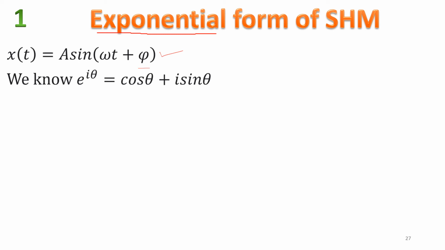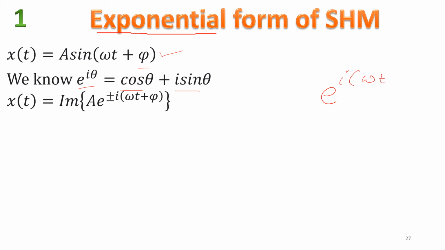Now we very well know that e to the power i theta is equal to cos theta plus i times sin theta. Then x of t we can write as the imaginary part of the whole thing. So instead of theta, I am writing e to the power i times (omega t plus phi).